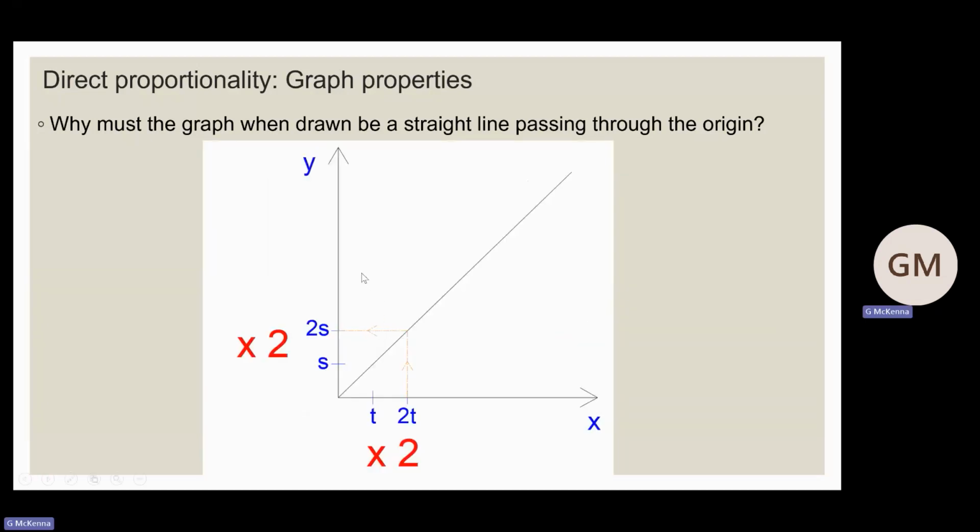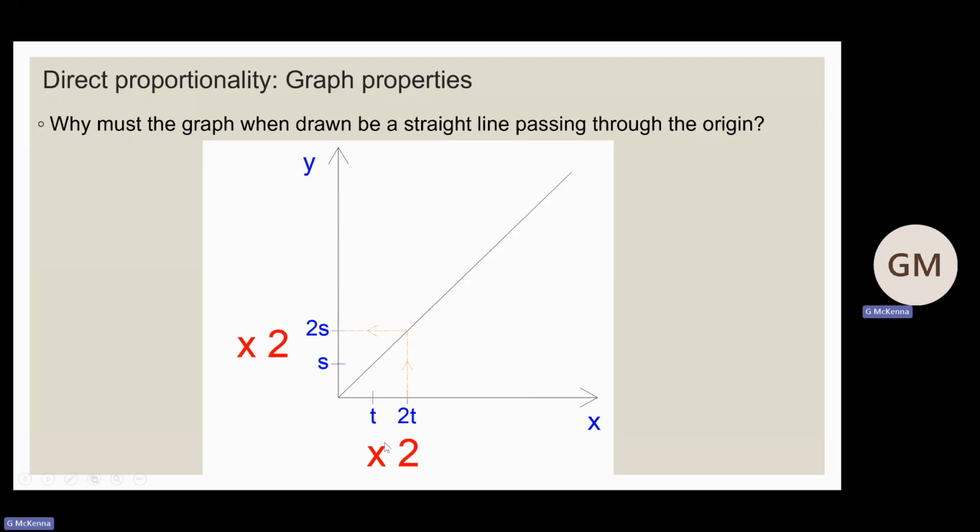Now, by having a straight line through the origin, it's probably useful again to demonstrate this and draw this out, prove it, verify it to yourself. When we double the value of t along the x-axis, if you check carefully what you've done on your page, whatever number of centimeters you've come up vertically to get to s, you should now be coming up double those number of centimeters to get to 2s.